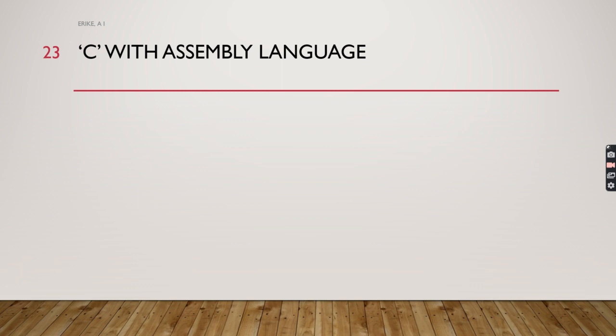Here the programmer must be aware of how parameters are passed to the function and how values return from the functions and are invoked from the assembly language environment. Now you are going to be writing some of your routines or functions in C, but there has to be an understanding of how to call those functions in the assembly environment.